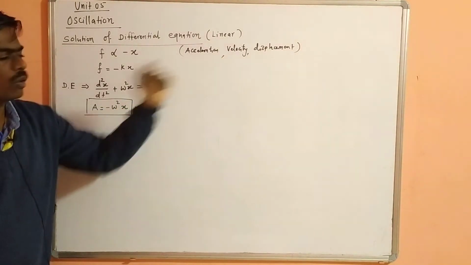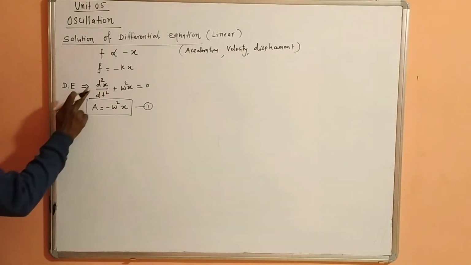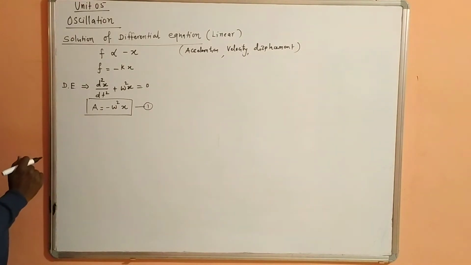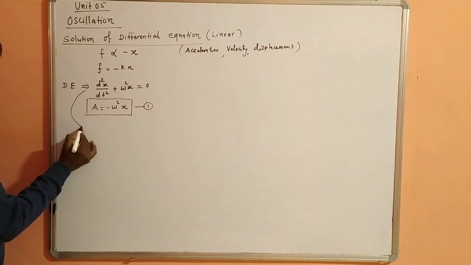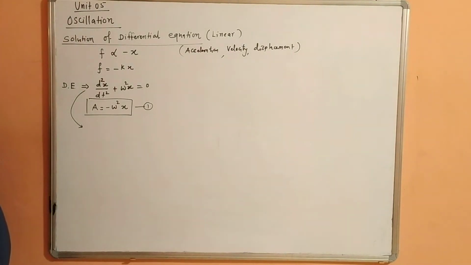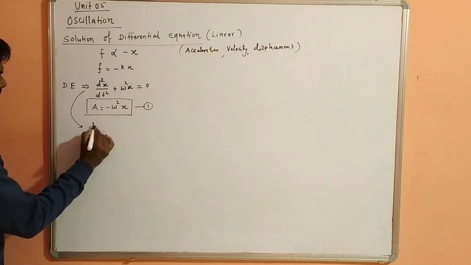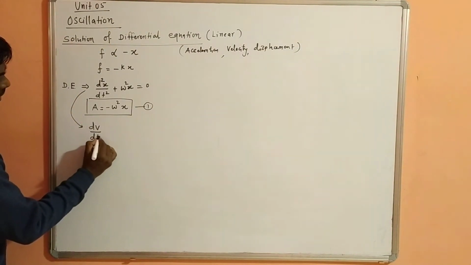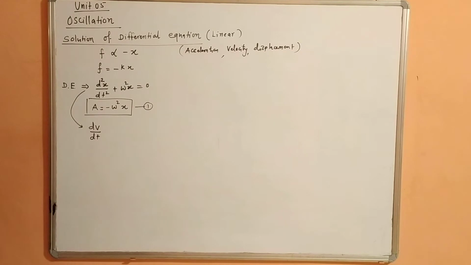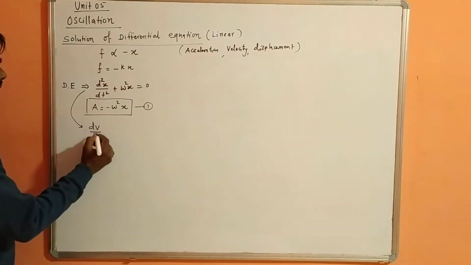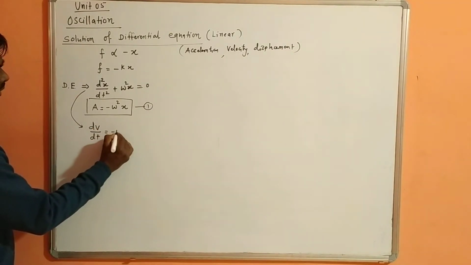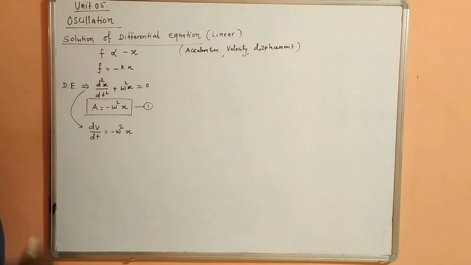Now we will obtain velocity. See this d2x by dt square. We can represent this d2x by dt square as dv by dt, because rate of change of velocity is nothing but acceleration. So dv by dt becomes minus omega square x.